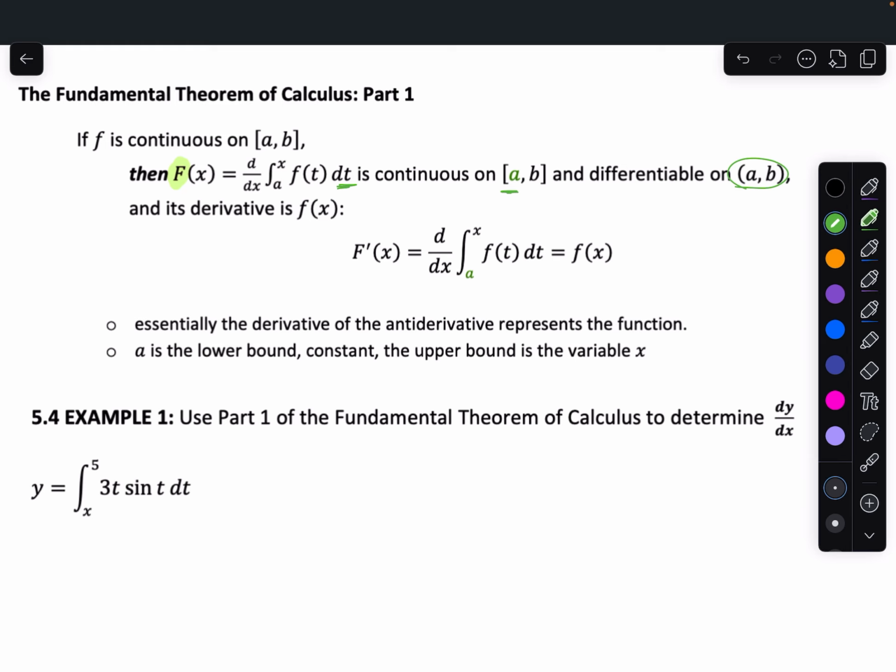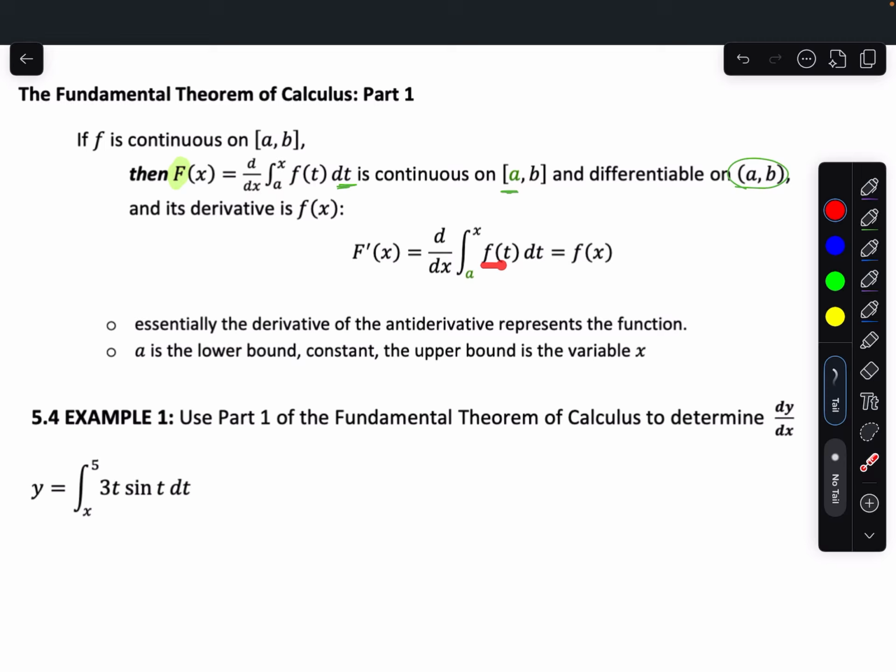And the derivative, so what does that mean? We have the derivative of the antiderivative. The derivative of the antiderivative, well, that's what we have here, the derivative of the integral, the antiderivative. What is it equal to? It is equal to the original function f of x.